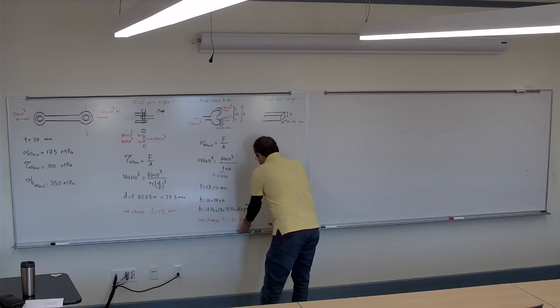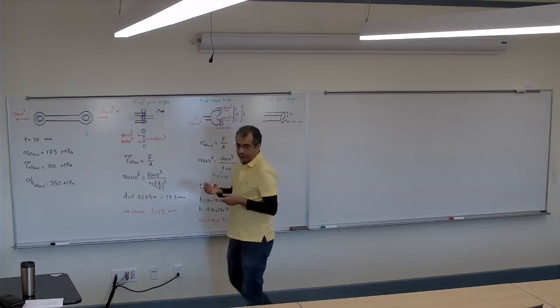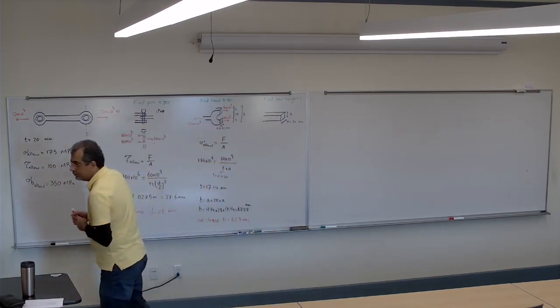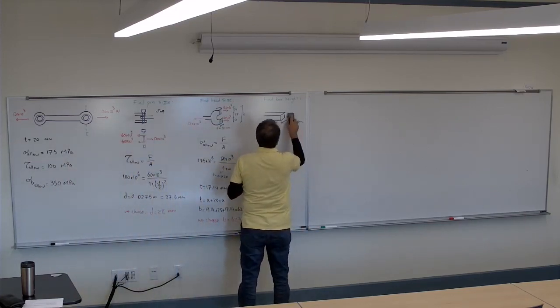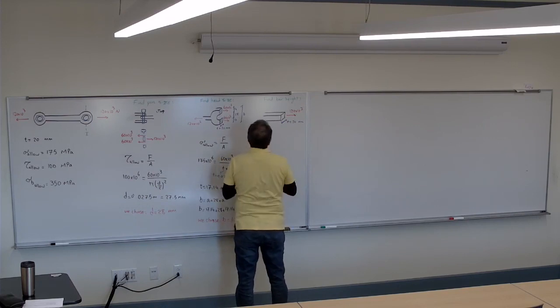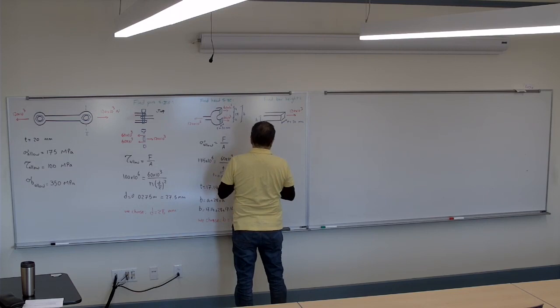And the force applied on that, we know how much force is applied on that. The force there is 120. And this is the H. And then we have the same things again.